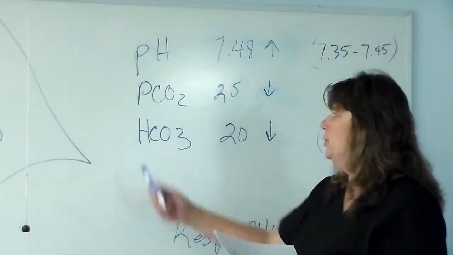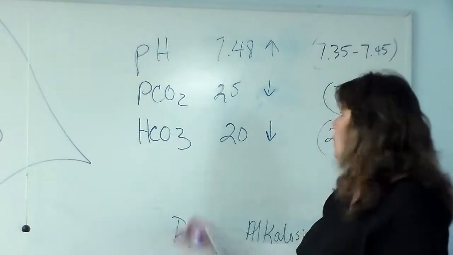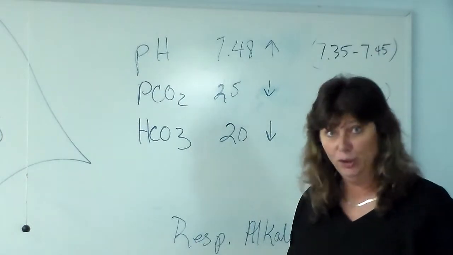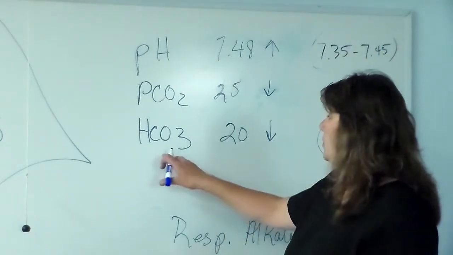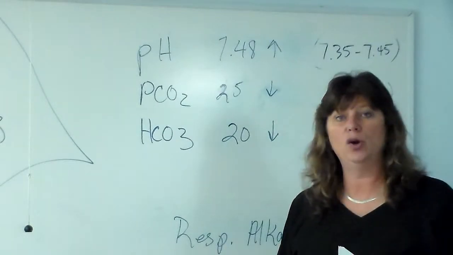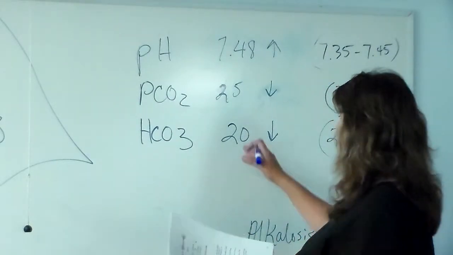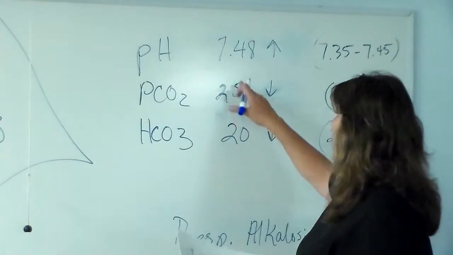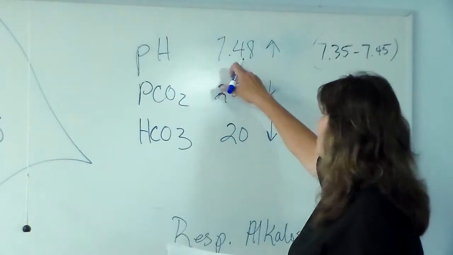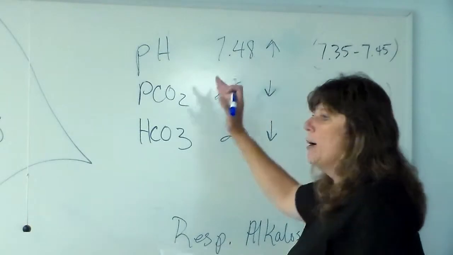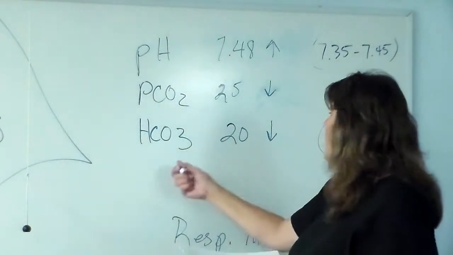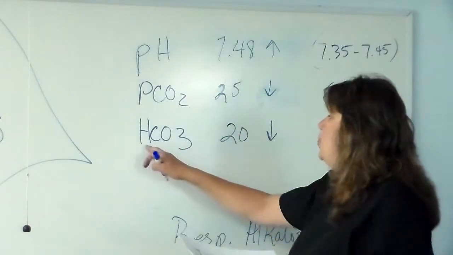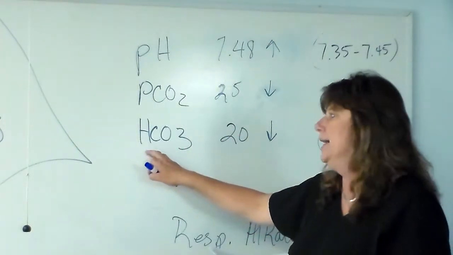What's going to happen to these hydrogen ions here? The lungs can't compensate for it. It's respiratory. It's a respiratory issue. So a couple days later, our kidneys are starting to compensate for this. I have an alkalotic situation here that needs to become more acidic. The body needs to hang on to the hydrogen ions, okay?